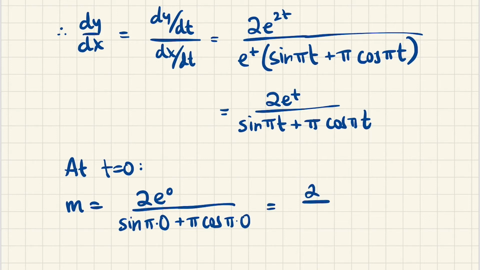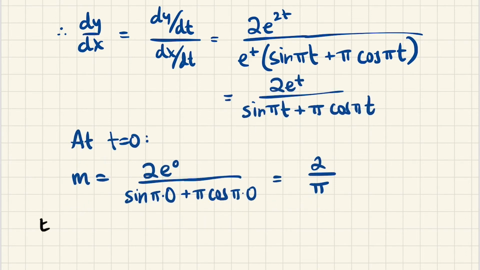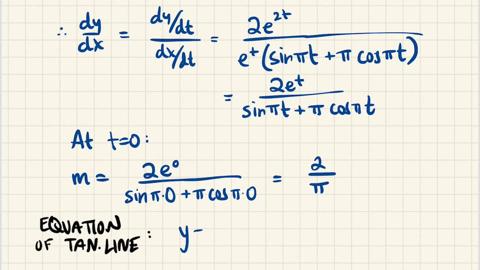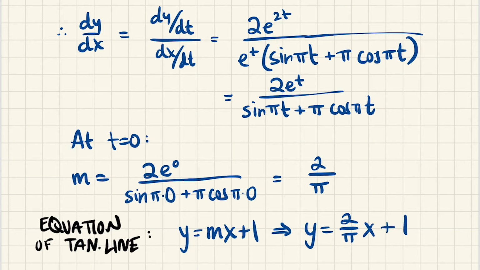So that would be 2 over pi. Okay, so therefore the equation of the tangent line, which we left off as y equals mx plus 1, is y equals 2 over pi x plus 1. So that is the equation that's tangent to our curve at the moment that t is equal to 0.